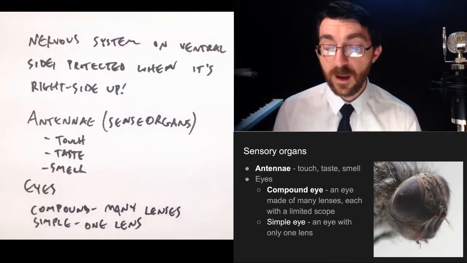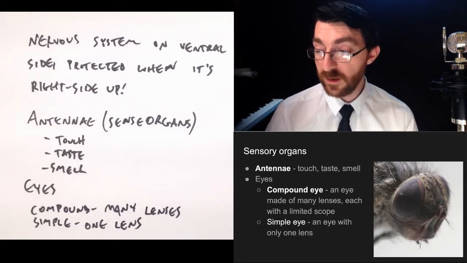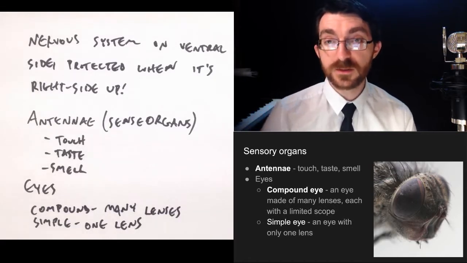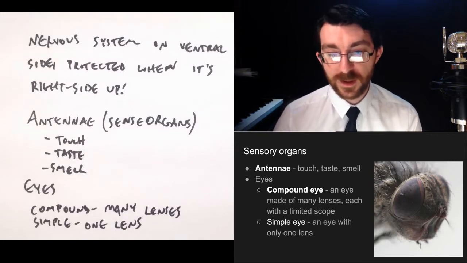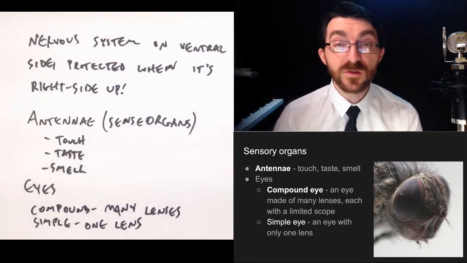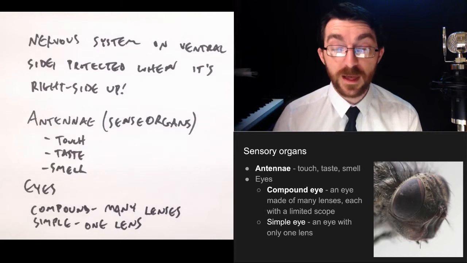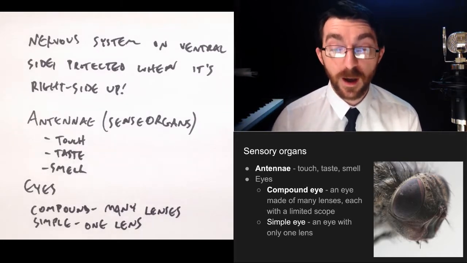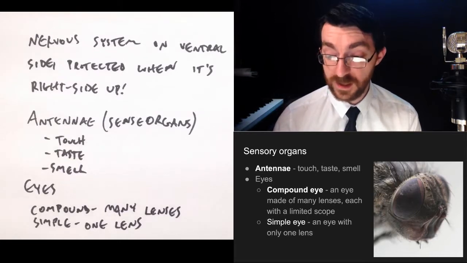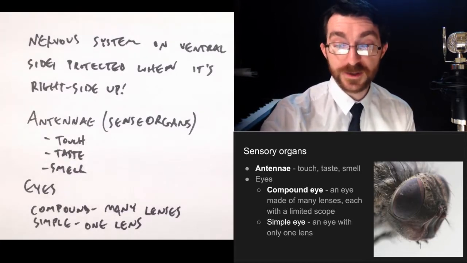Well, okay, the picture of the fly that you see there has like hundreds of them, and they're all really, really tiny, so that's freaky. But they have a limited scope, meaning that they can't see very much. It's just all of them together form an image, like a composite image.